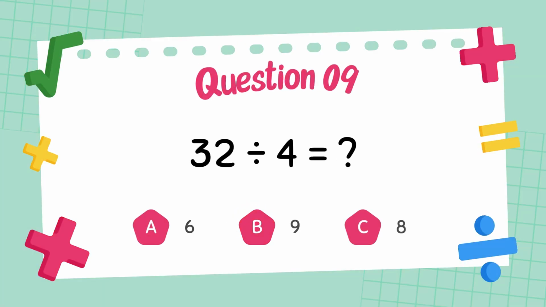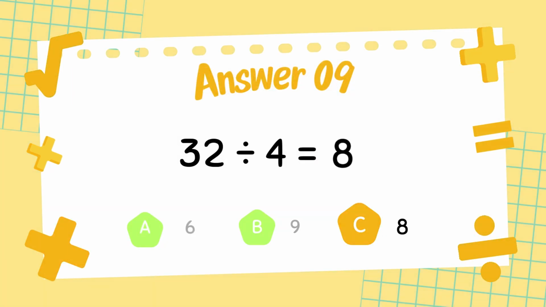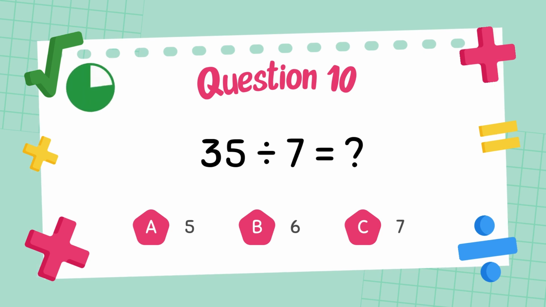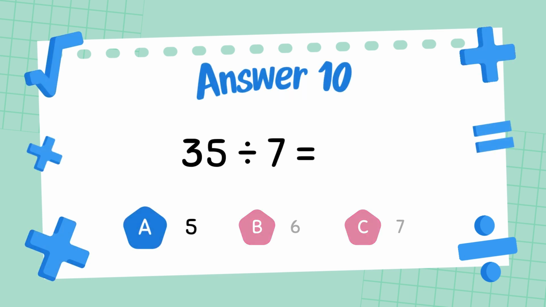What is 32 divided by 4? The answer is 8. What is 35 divided by 7? The answer is 5.